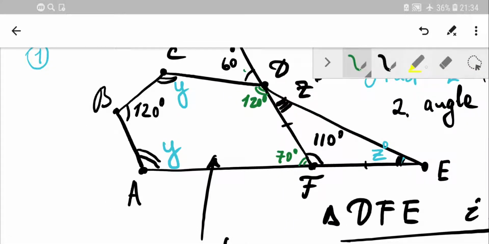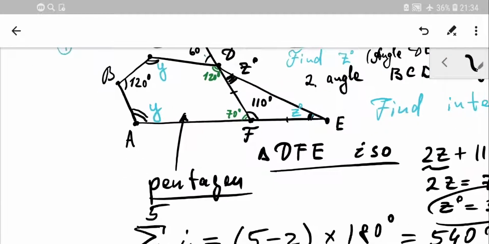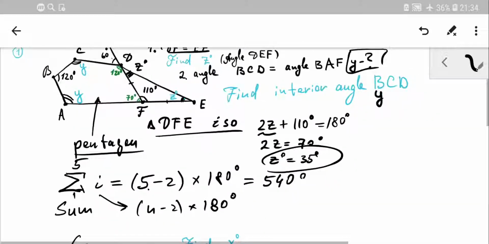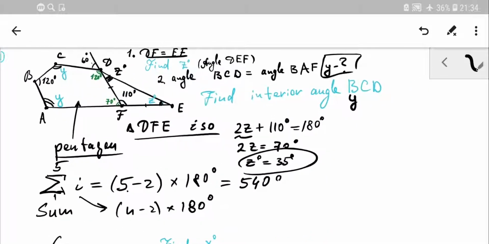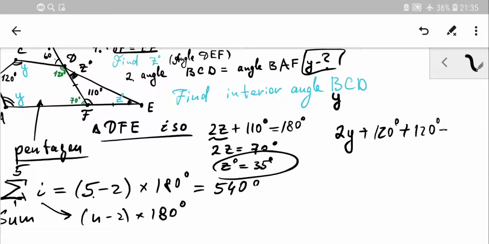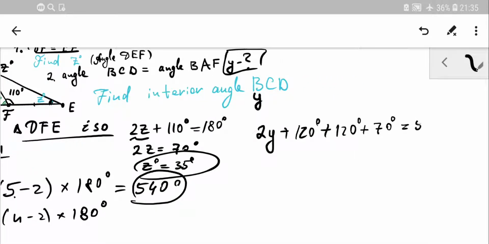Now it's the right time to complete the equation about the sum of all interior angles. Let's use the pentagon. From here we just need to say that 2y plus 120 plus, again, 120 plus 70 and plus 70 gives the result of 540.